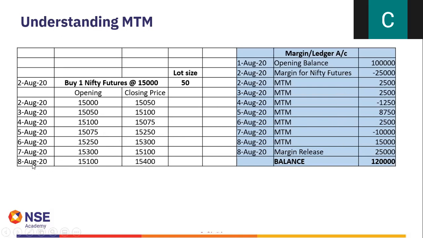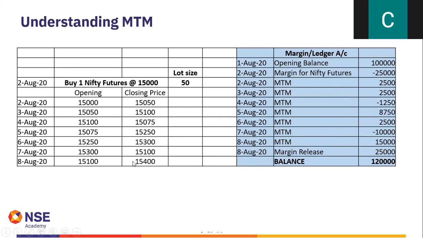Say for example, on 8th August, you have decided to close the contract. Okay. So what will you do? You will simply inform him. He will close the position in the system. That is, he'll be placing a sell order in the system, and your Nifty futures position will be closed. On 8th August also, your MTM will be calculated.